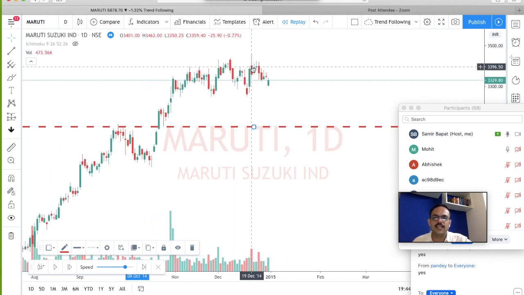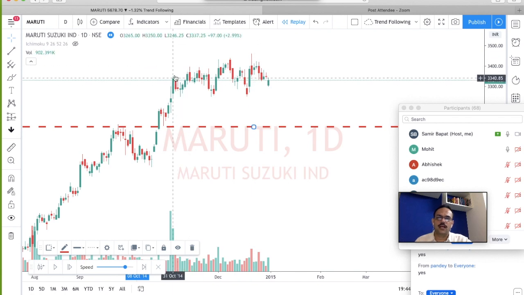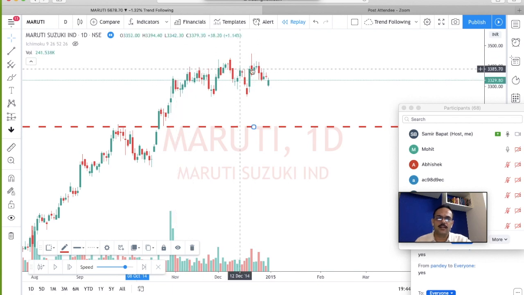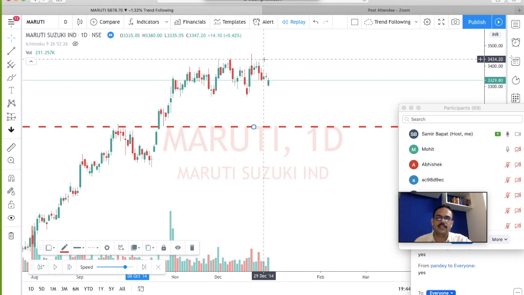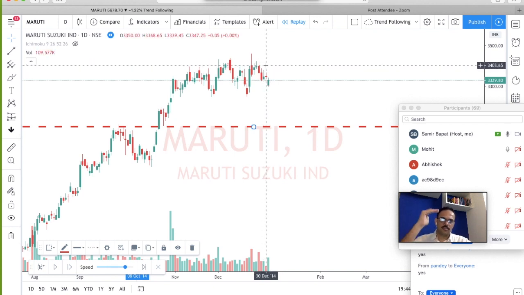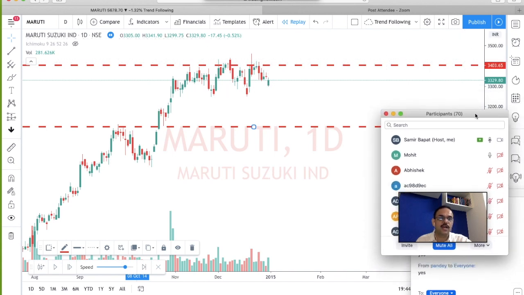Now if we see here, for almost from November till December, right, January, this price was struggling, like it was hitting its head going up. So typically, as I said, it's an art and a science, so we have to use art.